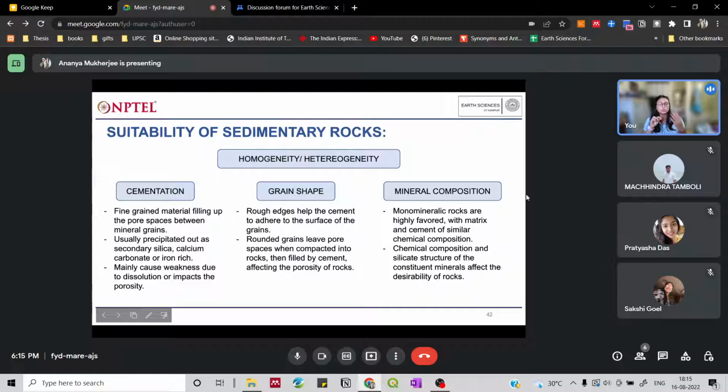So we can use this both as a foundation and as construction material. These are some of the factors you can use to understand whether a sedimentary rock is useful for us or not.